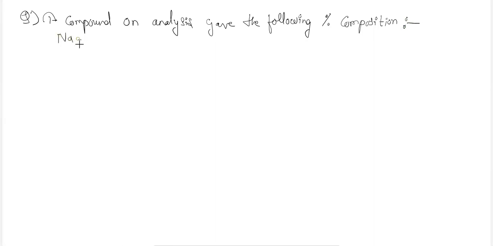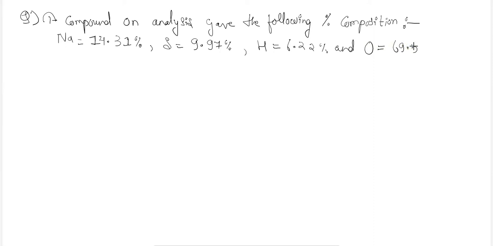Na, sodium 14.31%, sulfur 9.97%, hydrogen 6.22%, and oxygen 69.5%.